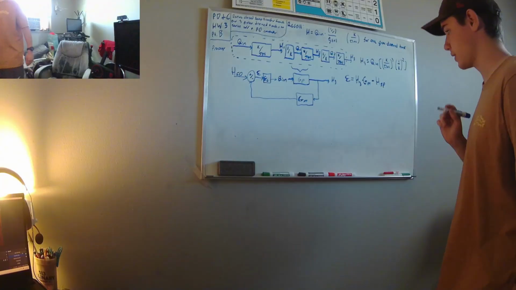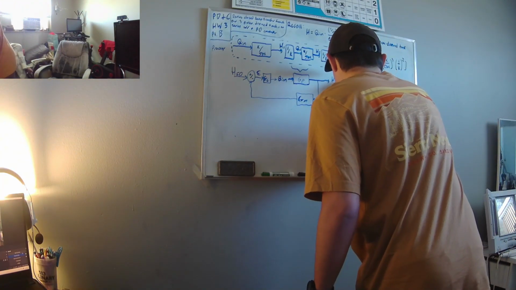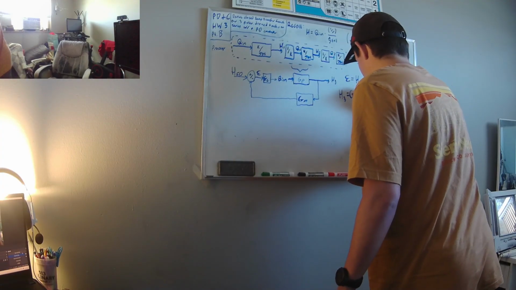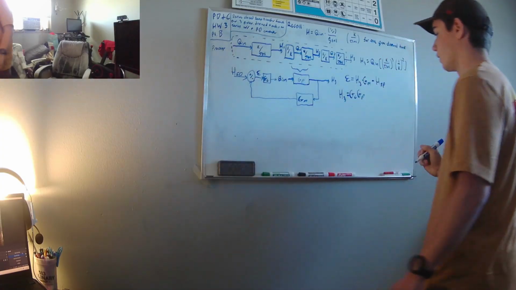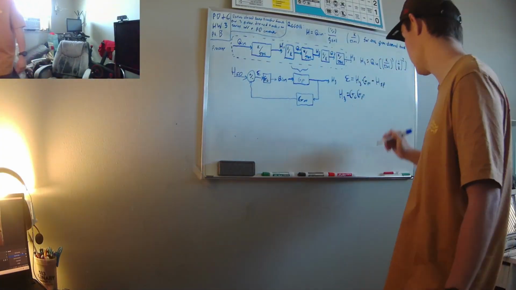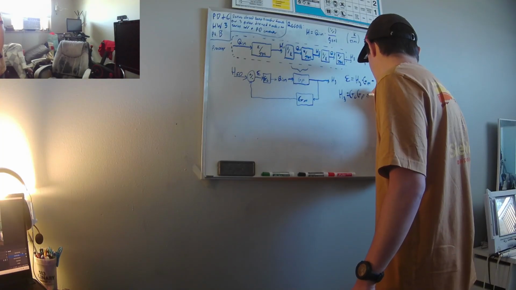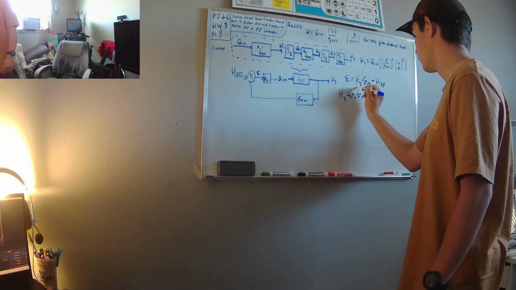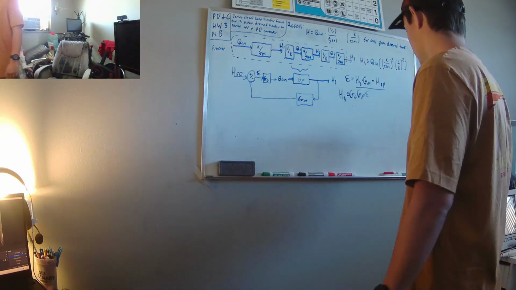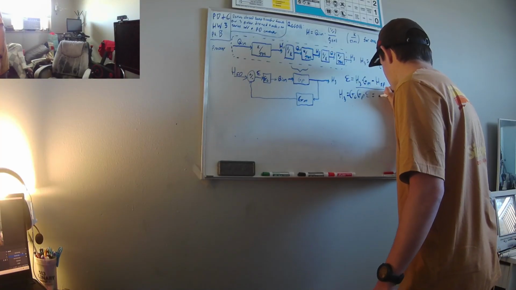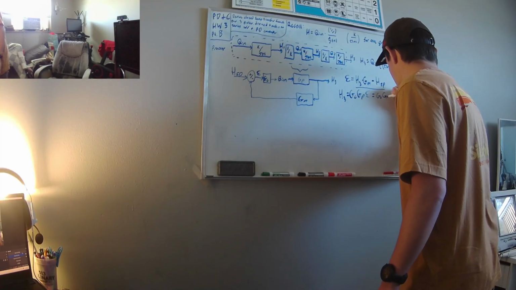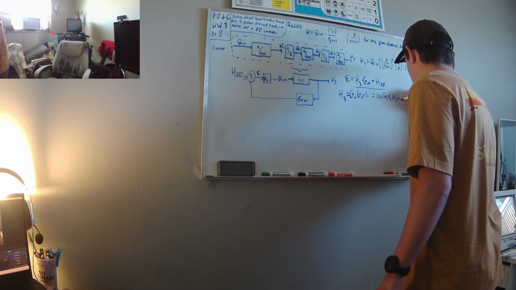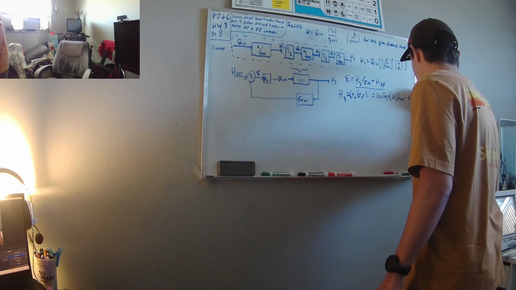And we can also say that H3 equals our GC times our GP, our controller transfer function, our process transfer function, times that error we were talking about. And plugging in our value for our error, we figured out up here, we get that H3 equals GC GP times H3 GM minus HSP.